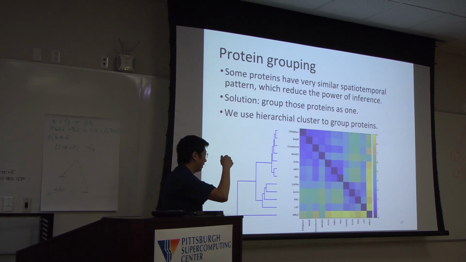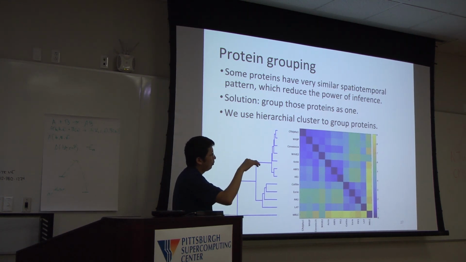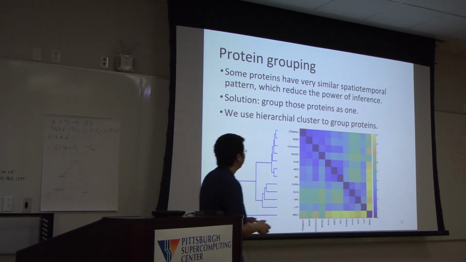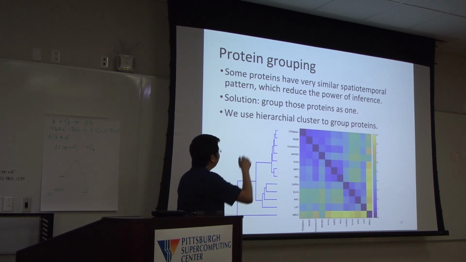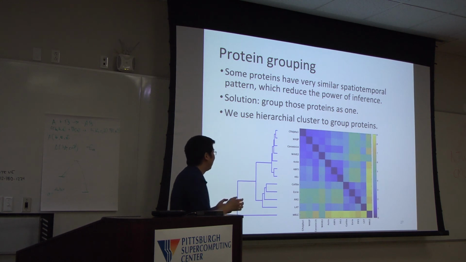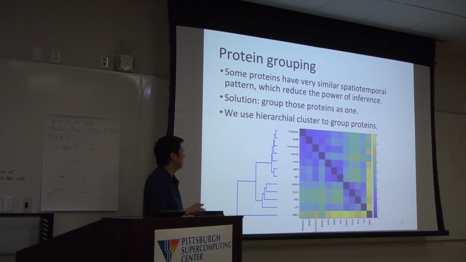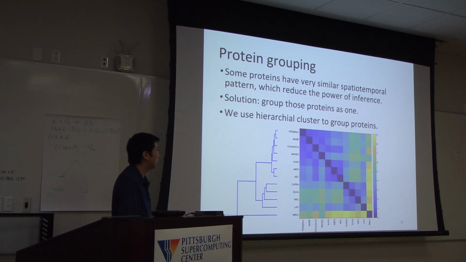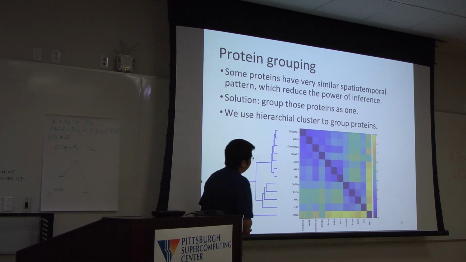For each protein, we use the value of 3 regions and all time points as a feature vector, and we perform hierarchical clustering. And then here is the pattern for the clustering.